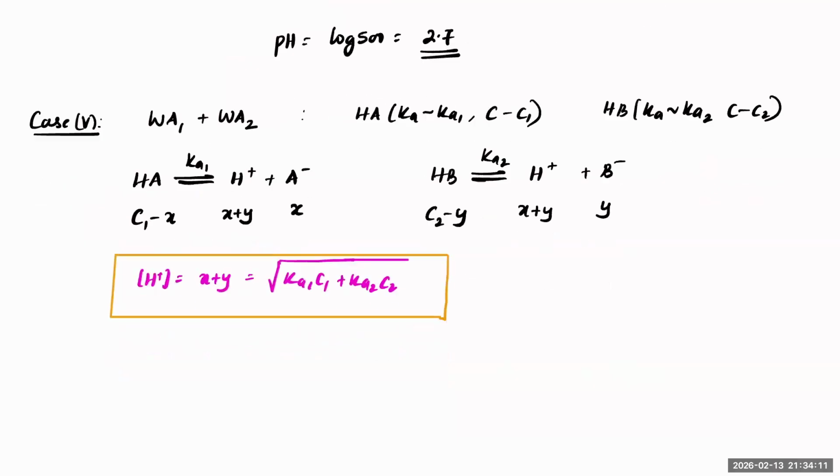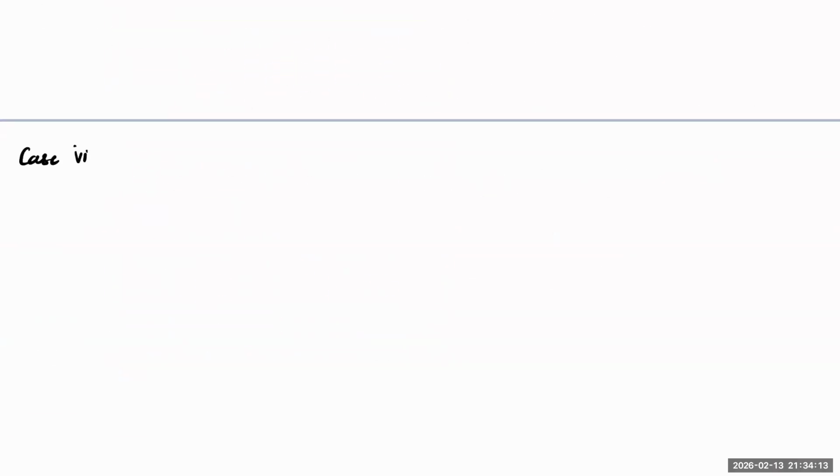Next. Let's talk about case 6. Case 6 is extremely low concentration of strong acid.